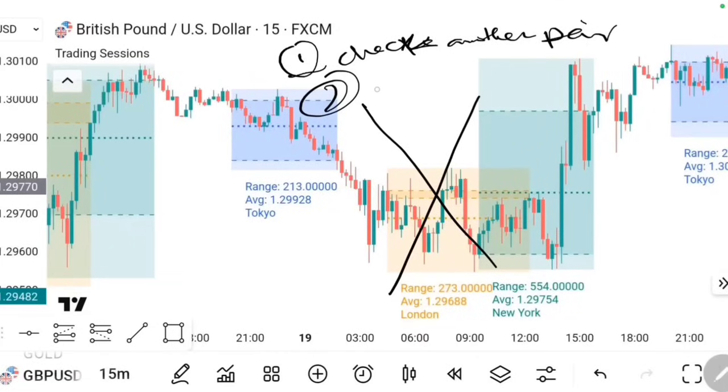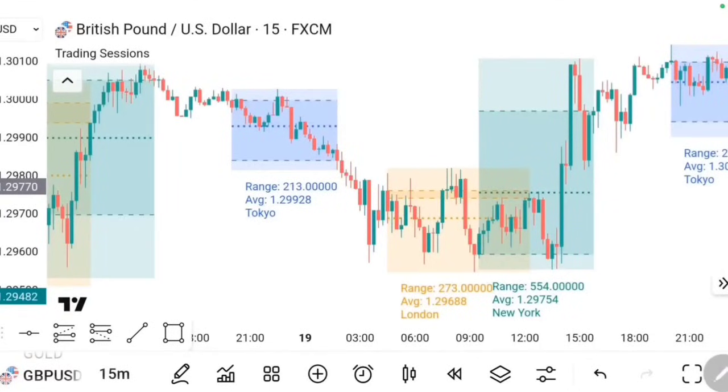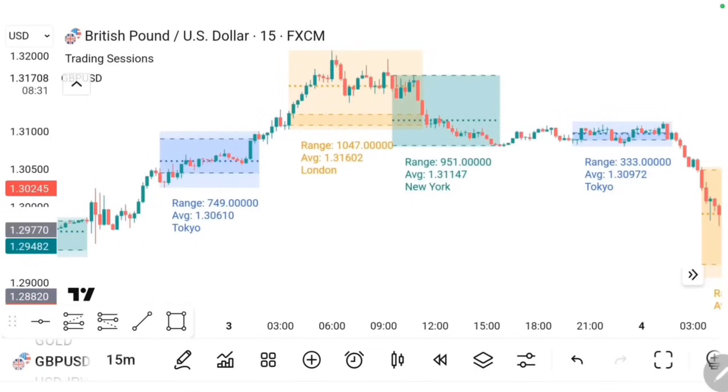Two, check the next day. So if you don't see your setup for today, check another pair, or come the next day. Here there's no setup for today, so you come the next day or you check another pair.